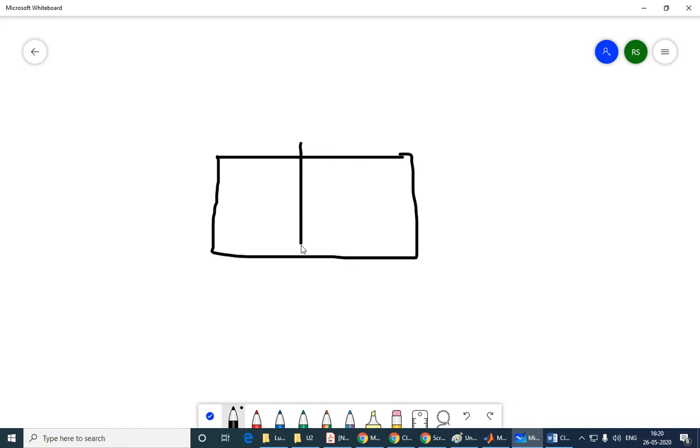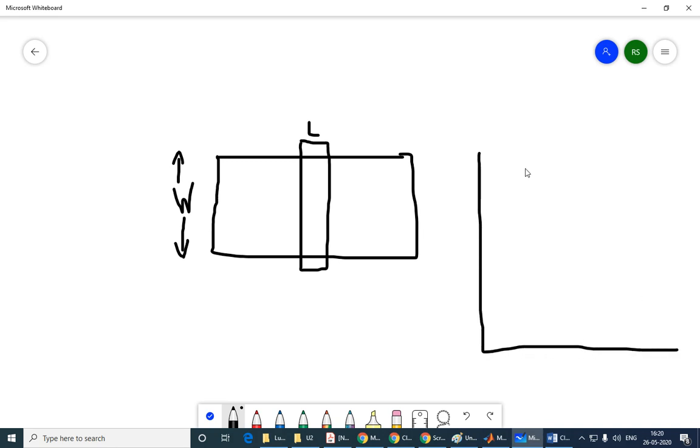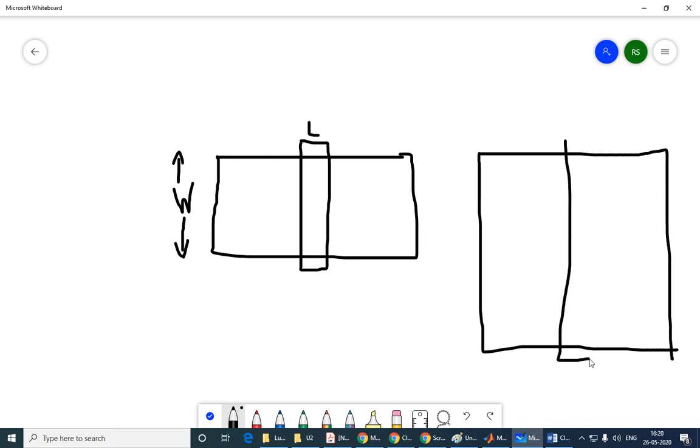So if I look at the layout, here is my transistor, and this is L, and this is W. And if I change this W, so if I say double the width of the transistor and keep the length the same, effectively I'm going from one value of W by L to double of that.